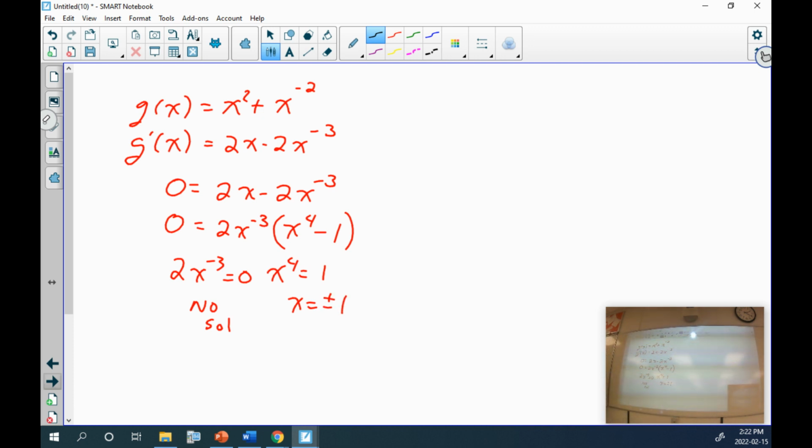There's a solution. When would I want to set the derivative equal to 0? When do I want to set the derivative equal to a slope of 0?